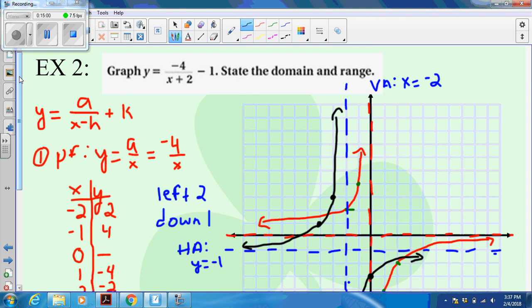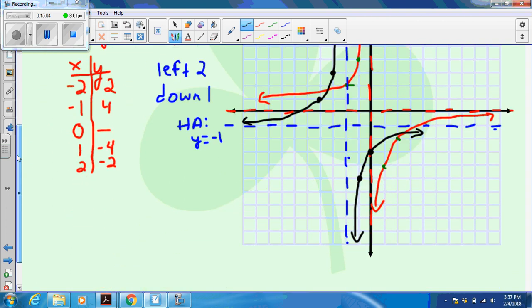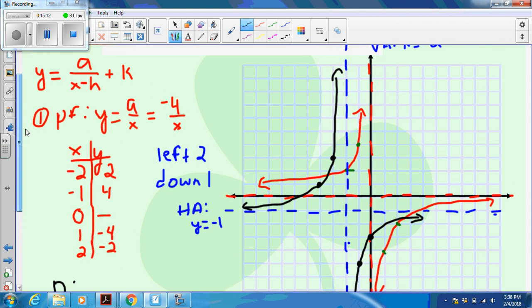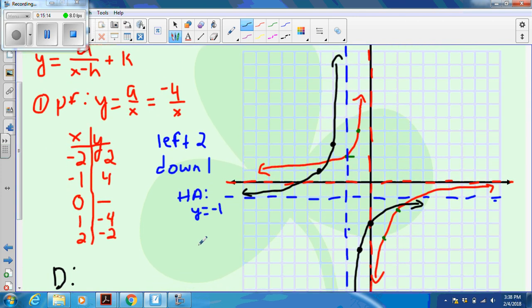Now, using this information, we need to find the domain and range. So I'm going to go down here so we can have domain and range. Now remember, domain deals with your x values. This is actually going to include our asymptotes here. Notice here that we do have some negative values, but we stop at our vertical asymptote at x equals negative 2.